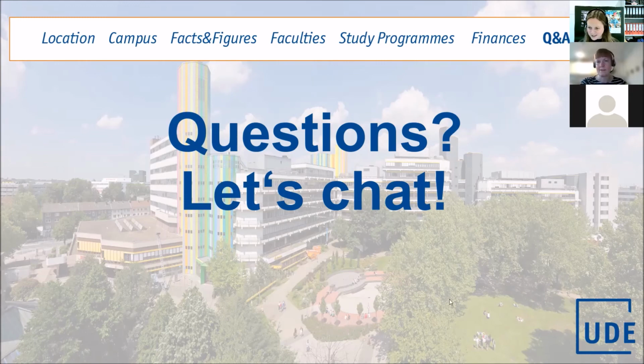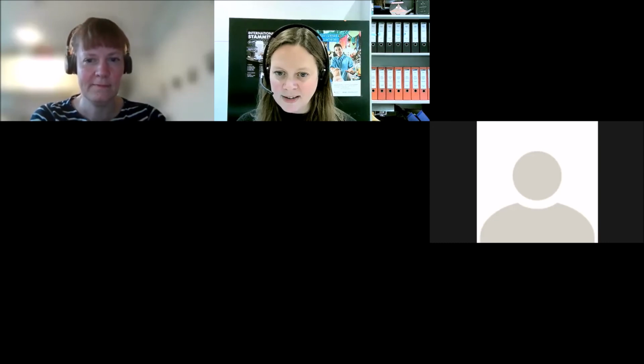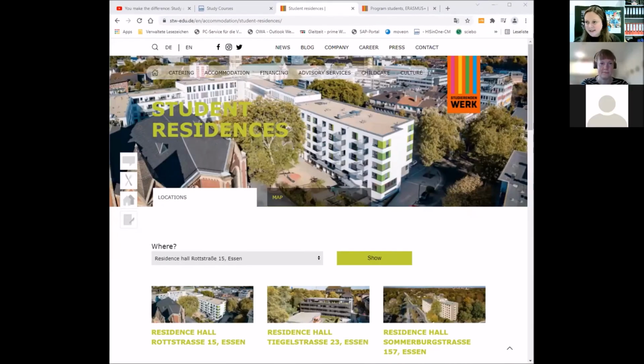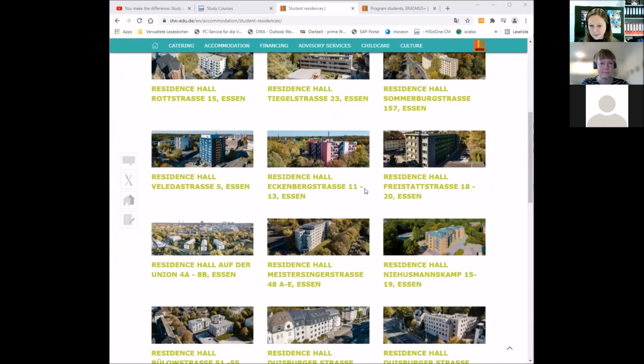One other thing that I could show you, which might be interesting, is the student residence, the dormitories. I mentioned earlier, it's run by the Student Services Organization, the Studierendenwerk. It's not run by the university itself, but these are the dormitories that we mentioned earlier.